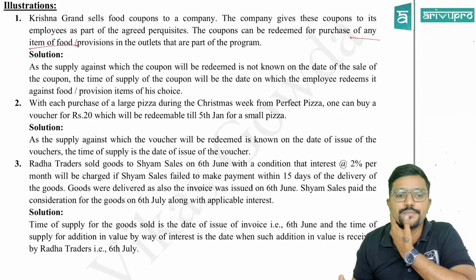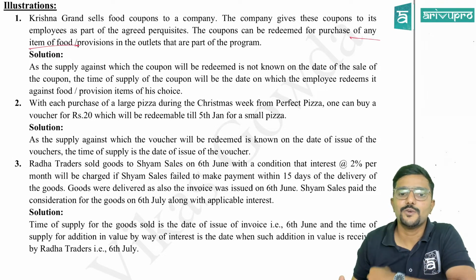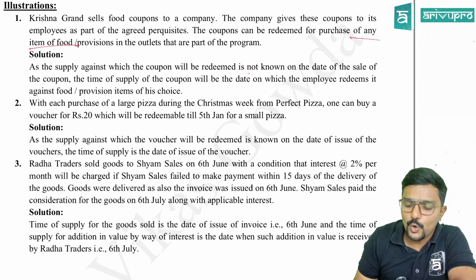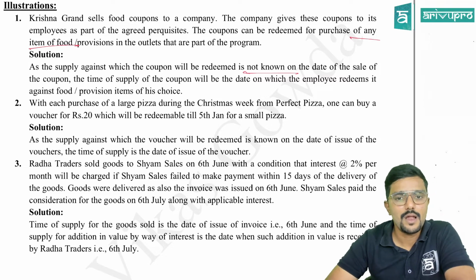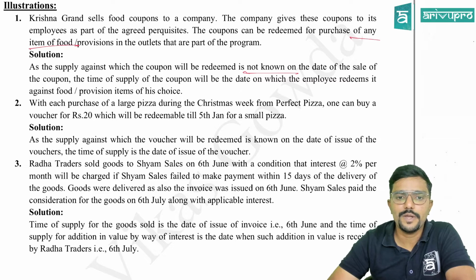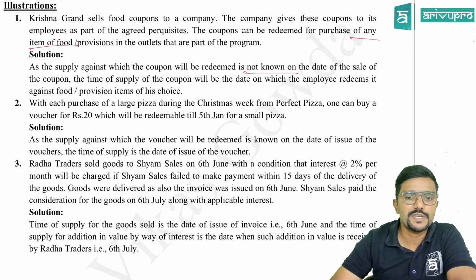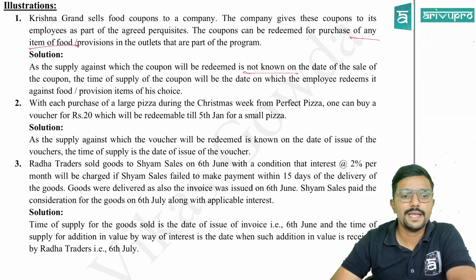So in that case, as the supply against which the coupon will be redeemed is not known, so unidentifiable, on the date of sale of coupon, the time of supply of the coupon will be the date on which the employee redeems it against food or provision items of his choice, because he has a choice to buy anything.